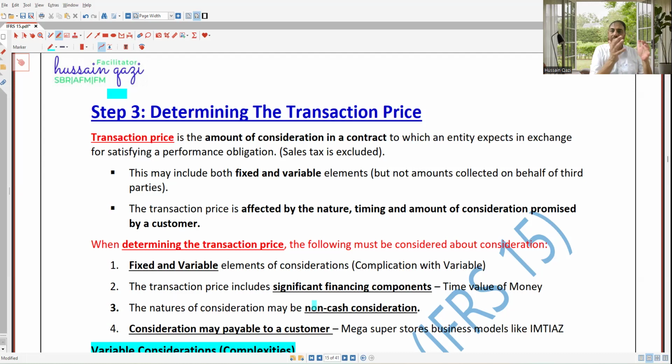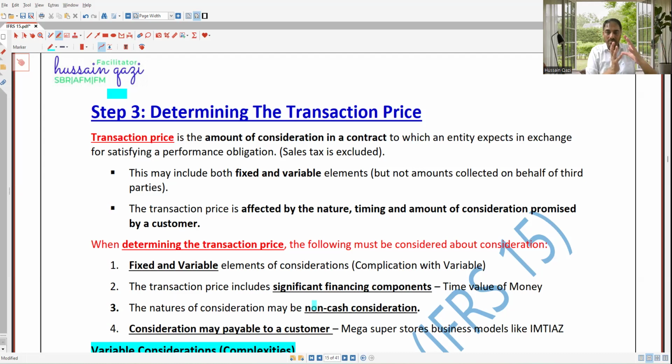How? With step 2, identify the performance obligation. Performance obligation may be one, maybe more than one. The statement about performance obligation is a promise to transfer distinct goods and services.